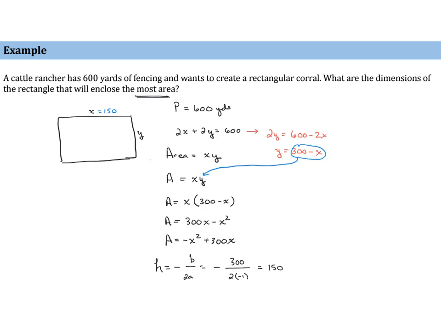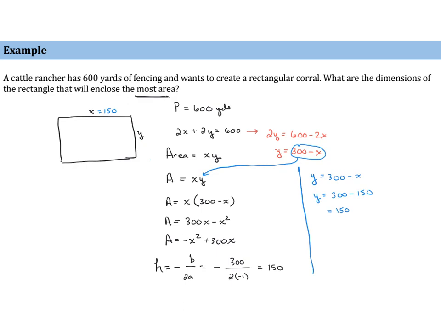Now if y equals 300 minus x, that means that y will equal 300 minus 150 at the vertex. So y equals 150. Now, the y there is not on our coordinate plane. The y here is in relation to this.